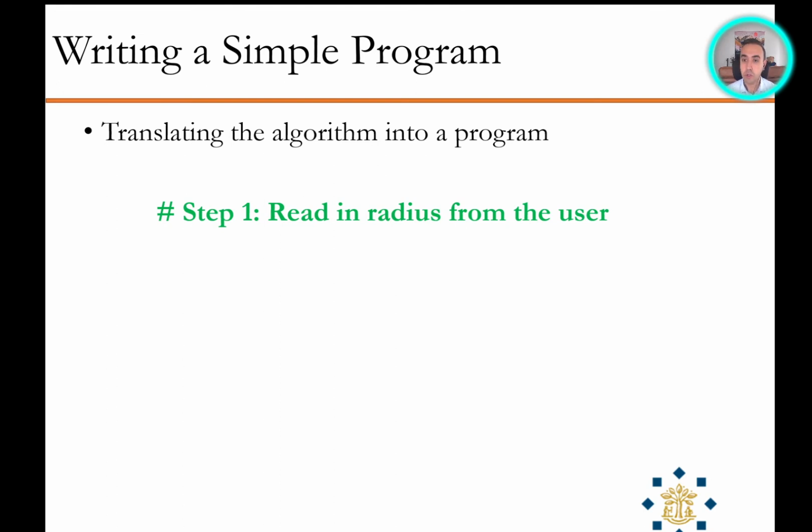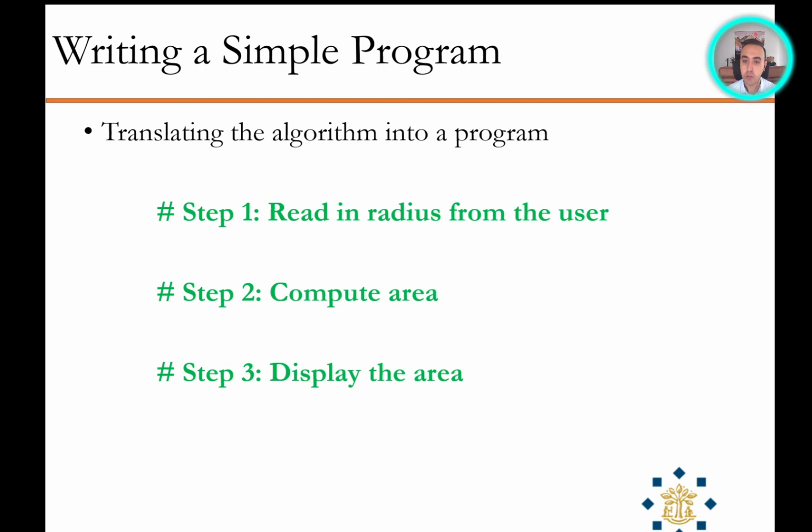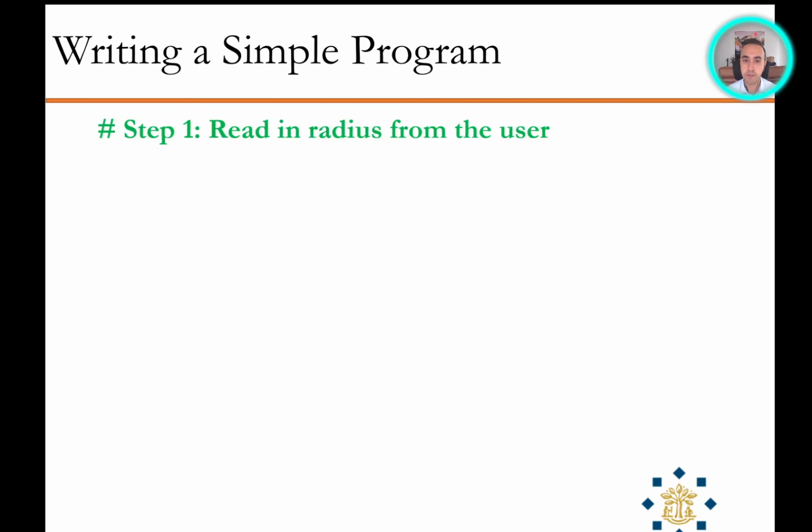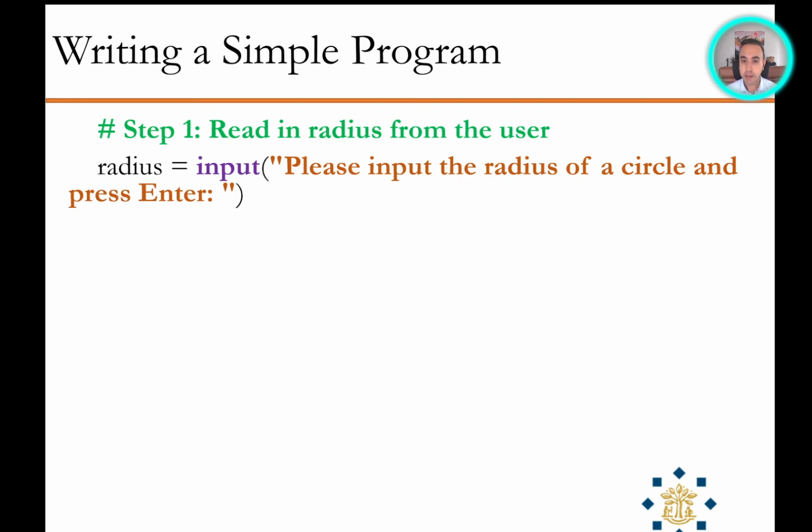We are going to learn it for the first time in this program, but we are going to use this function just like the print function in the previous lecture. We are going to use that reading in from the user a lot of times, okay? And then compute the area, display the area. So how do we do it?